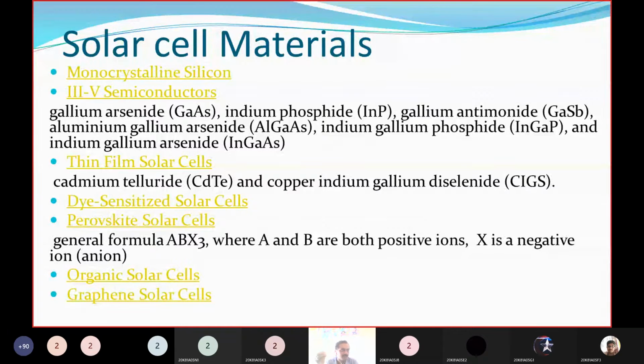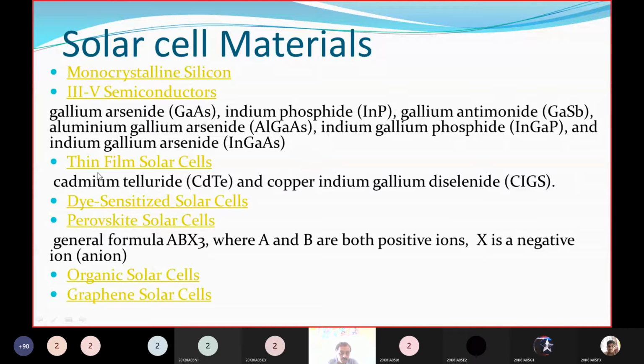If you prepare solar cells, that will be good, and most research is going on there. Nowadays everyone is trying to improve the efficiency of the solar cell, so here we will use different combinations for improving the efficiency.